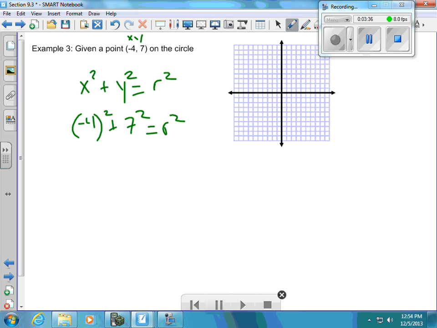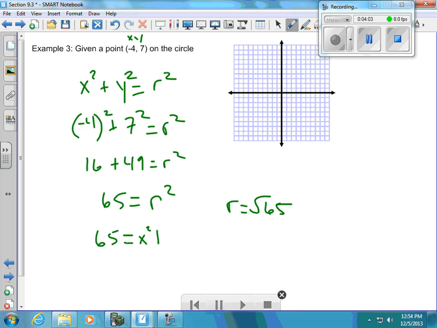Negative 4 squared is 16. 7 squared is 49. 49 plus 16 is 65. So 65 is r squared, which means r is the square root of 65. But we really don't need to know what r is. If we want to graph it, then we would need it, but all we need for the equation is 65. So 65 equals x squared plus y squared. And there's your equation.